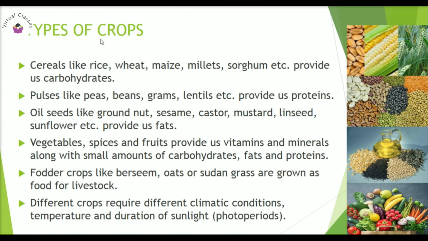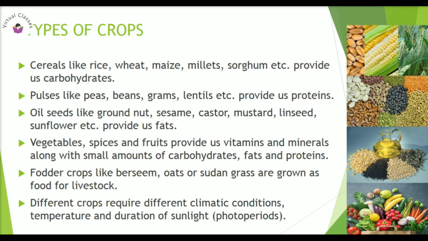Now let's study about the types of crops. Cereals like rice, wheat, maize, millet, sorghum, etc. provide us carbohydrates. Pulses like peas, beans, grams, etc. provide us proteins. Oil seeds like groundnut, sesame, castor, mustard, etc. provide us fats.